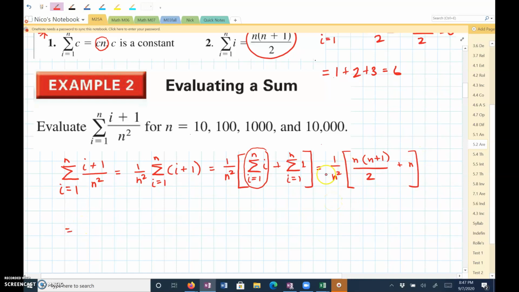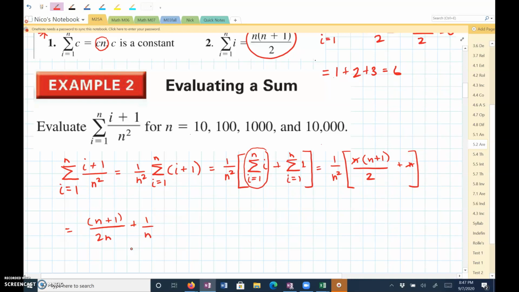And then we can simplify this. If we multiply n squared in the denominator all the way through, this n would cancel out, so then you're going to have n plus 1 all over 2n, and this n would cancel out, leaving us with 1 over n.